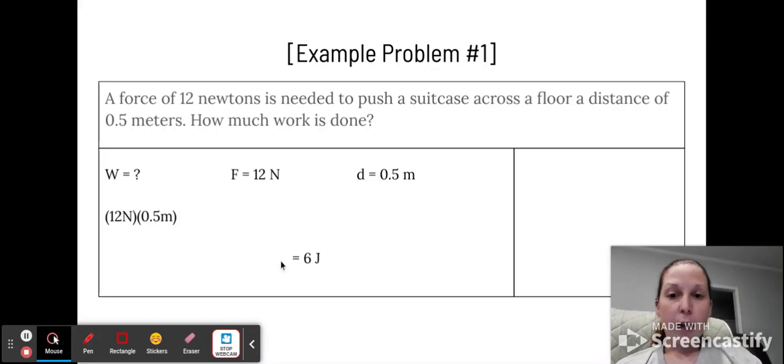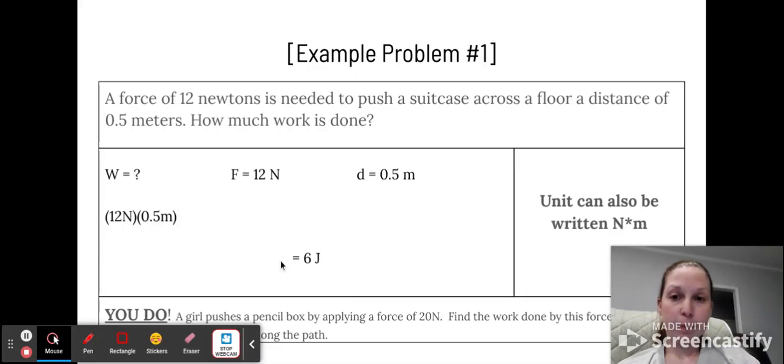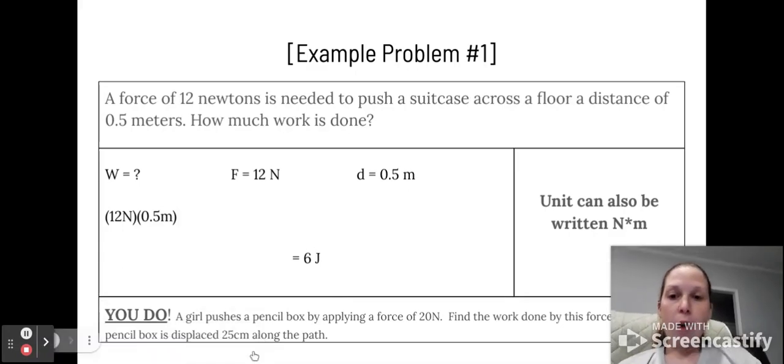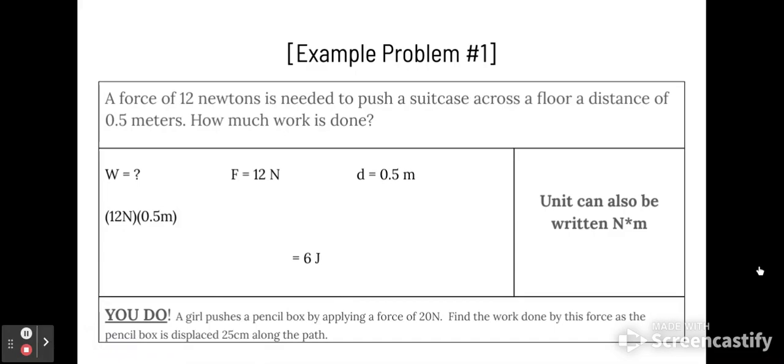And when you do that, it comes out to 6 joules of work are needed for this to happen. And then again, remember your unit can be written as Nm as well, capital N. So I'm going to go ahead and get rid of my video very quickly so that you can pause your video and try this example.